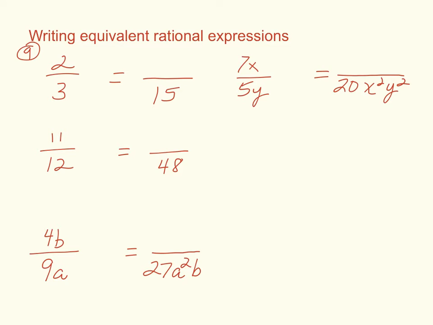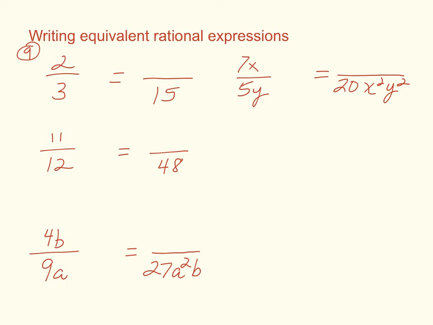Now, we want to talk about writing equivalent rational expressions. All of this is in the same section. Remember, fractions can be written in multiple ways. For instance, if I give you 75 over 100, we know that reduces to 3/4.